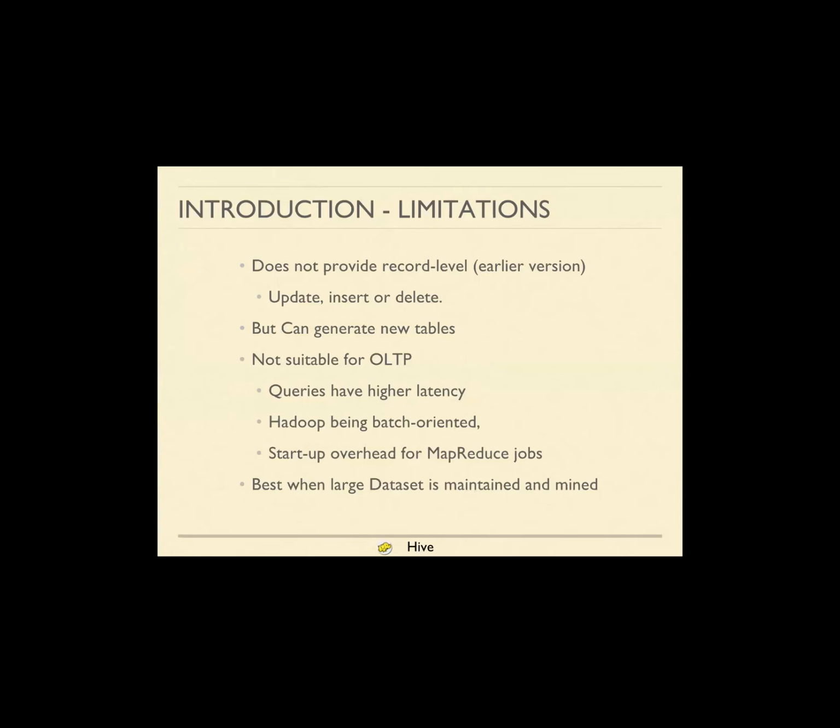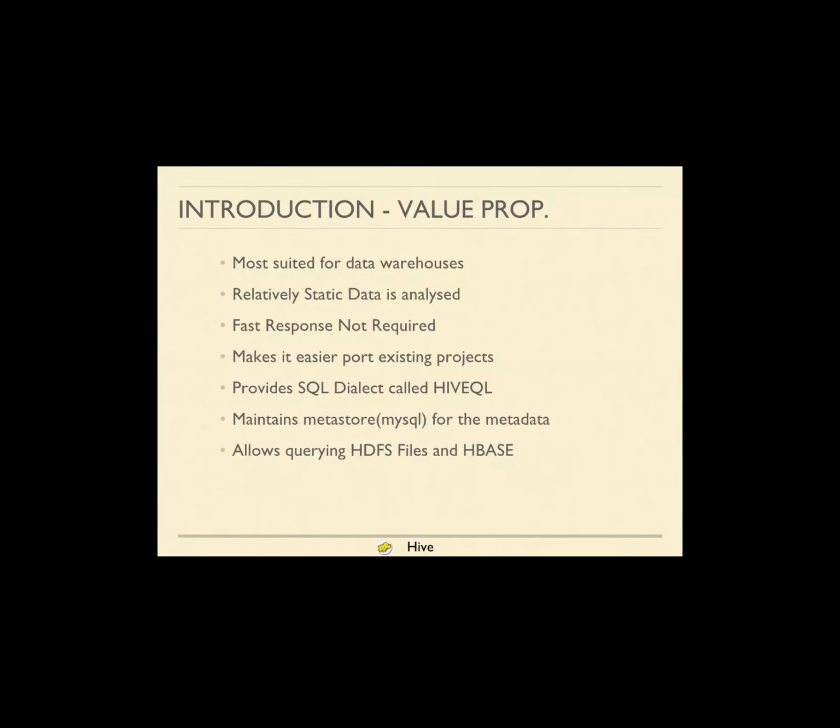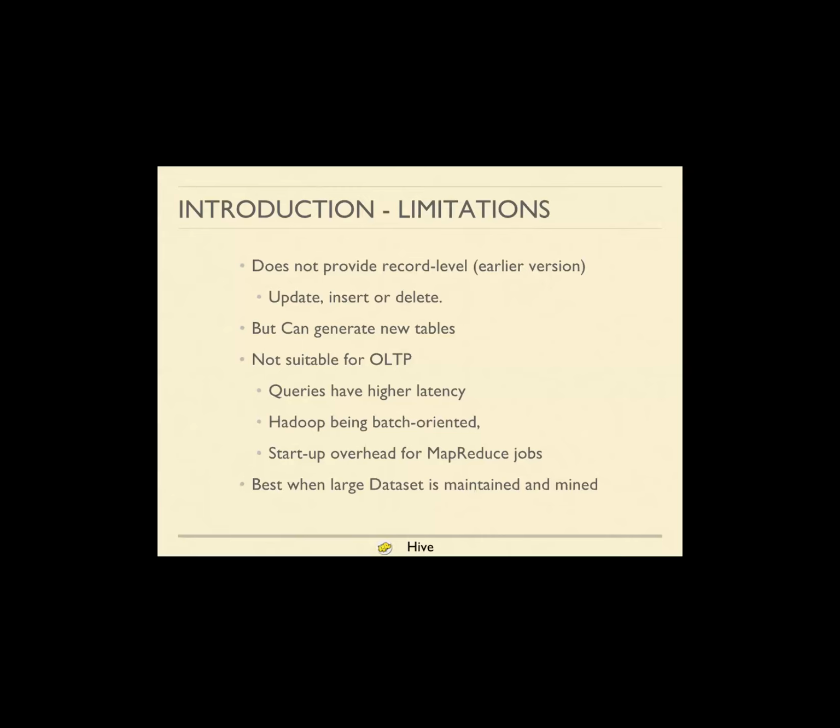A database gives you the entire set of operations like create, insert data, update data, delete data, and a standard database gives you transactions. But Hive, as of today, is generally used for querying data. So two limitations: one, it is a little slow. Second, it does not let you modify data, but it lets you create new tables.